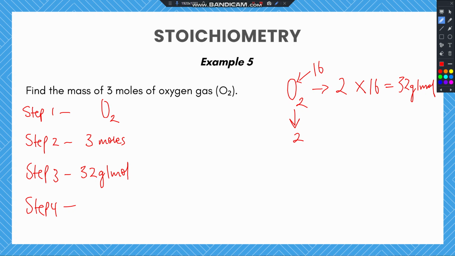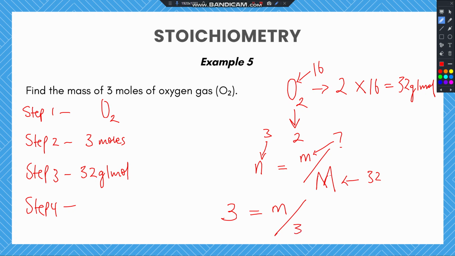And then finally substitute and solve. Step number 4. The formula says N, number of moles, is equal to the mass of a substance divided by the molecular mass. N is given as 3, the mass is not known, and the molecular mass was calculated to be 32. So we have 3 is equal to m over 32.